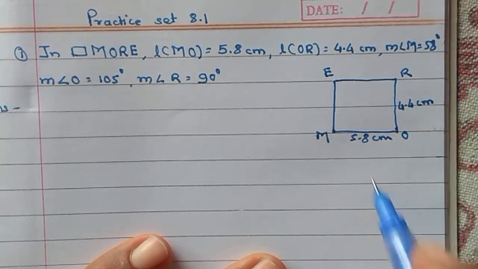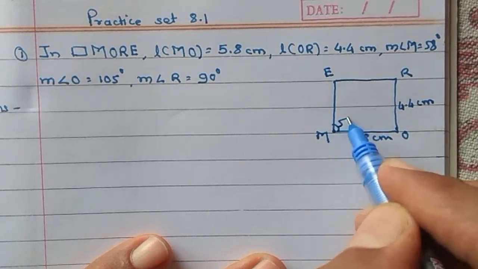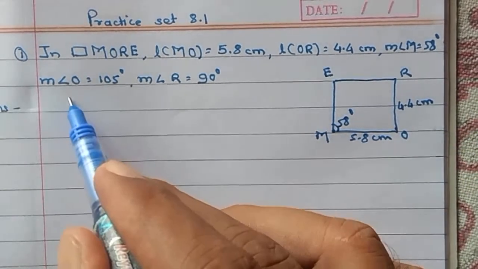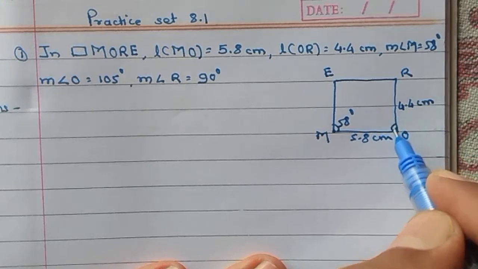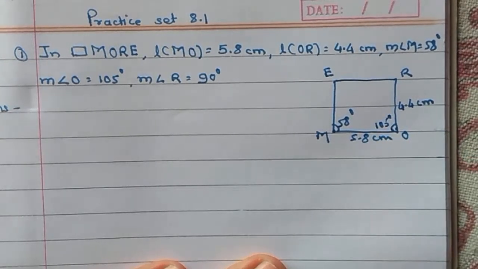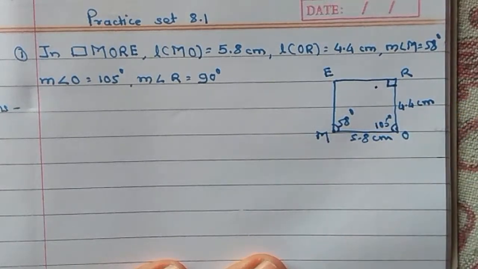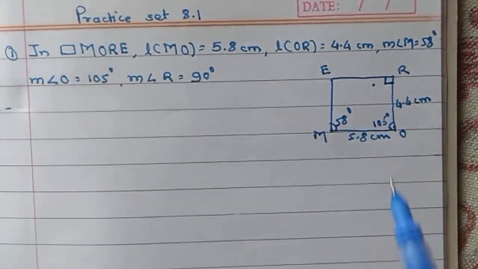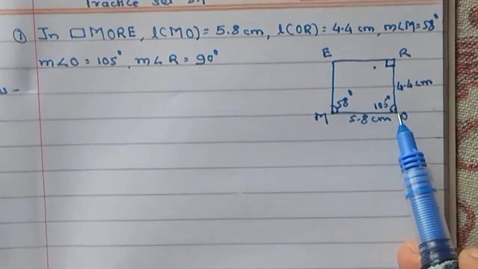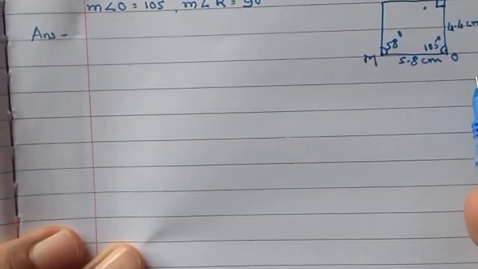Then measure of angle M is given 58 degree. Then measure of angle O is given 105 degree. Measure of angle R is given 90 degree. Now with the help of this rough diagram, we have to make the final construction.